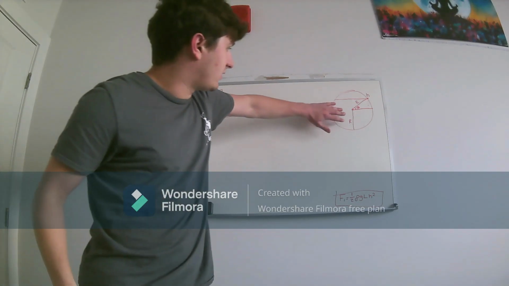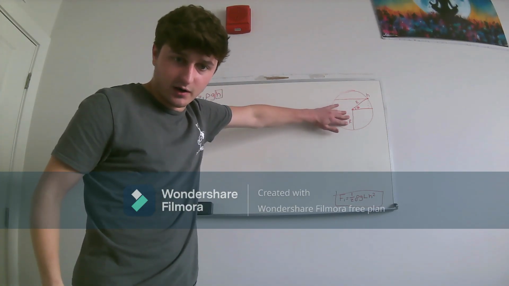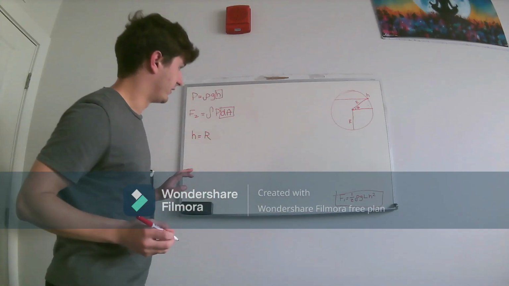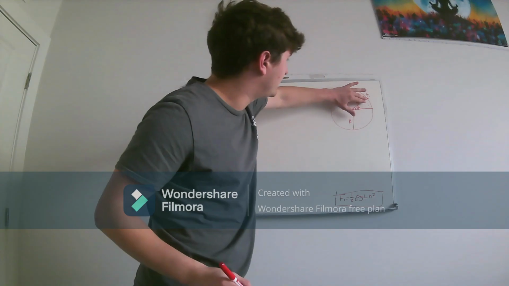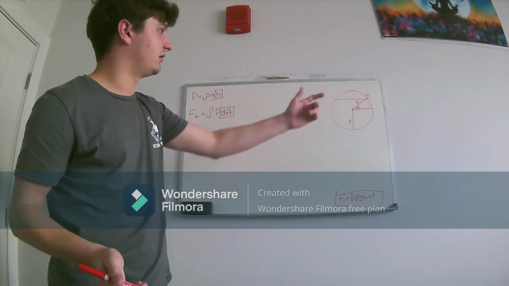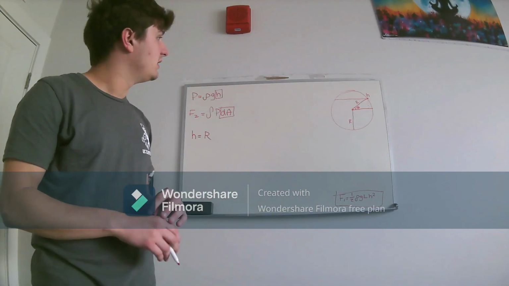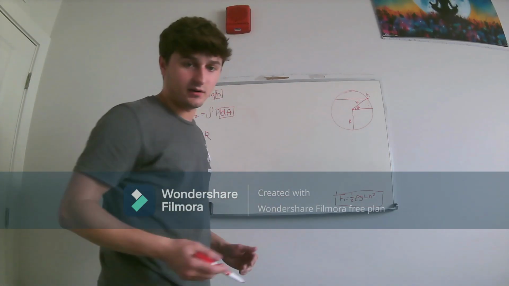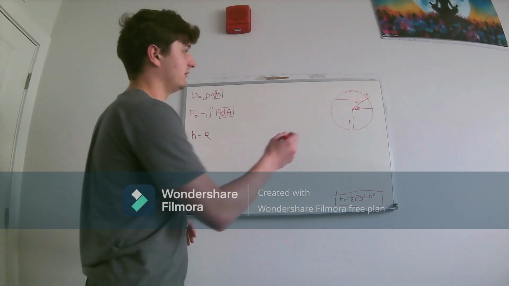Like I've said, we have this R value right here. That's going to be a big component of our height. It's going to be R, here to R. Then what is this little vertical part going to be? Well, that's the vertical of a right triangle. And as we know from simple trigonometry, sine theta is going to be equal to opposite over hypotenuse.